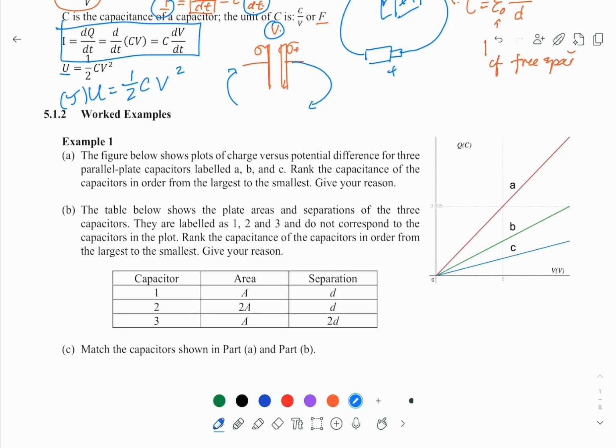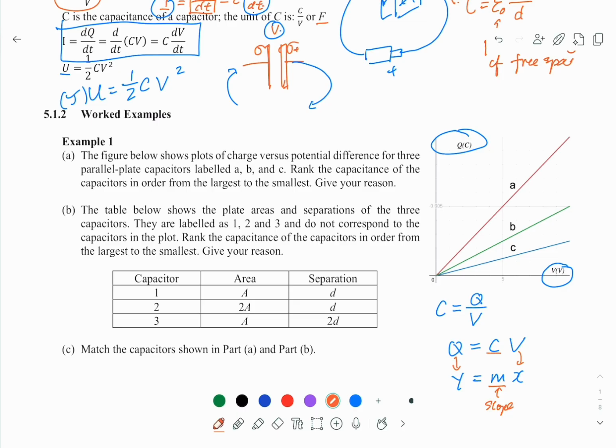In this example, we plot charge versus voltage. Remember, C is defined as how much charge per each voltage across the capacitor. So if you plot charge versus voltage, it means y equals mx. This is your y, this is your x, so m, your slope, is your capacitance.